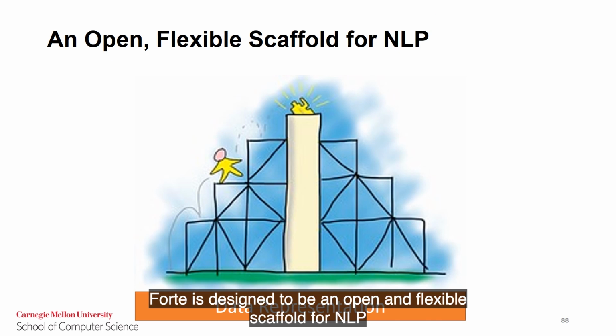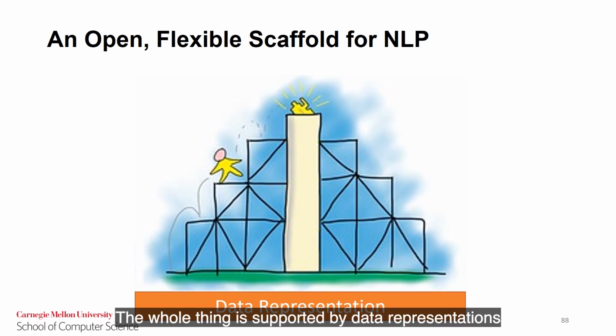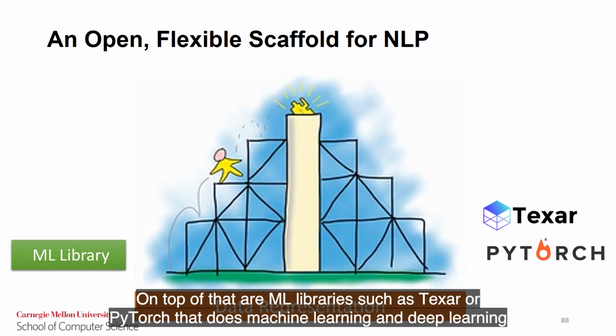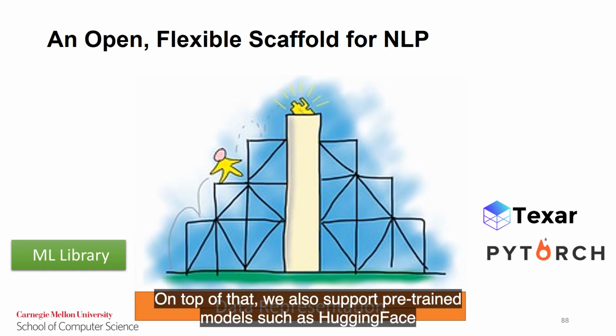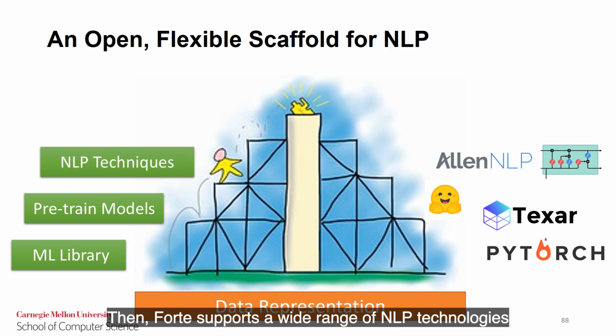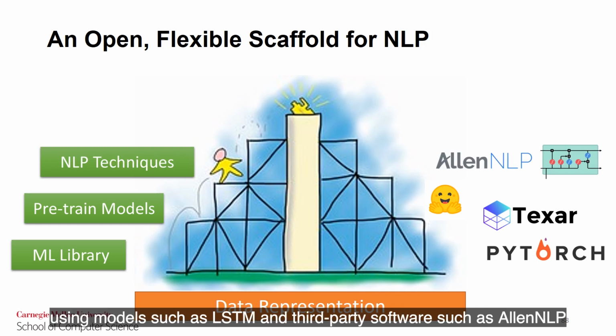The whole thing is supported by data representation. On top of that, we have ML libraries, such as TensorFlow or PyTorch, to do machine learning and deep learning. On top of that, we also support pre-trained models, such as Hugging Face. Then, Forte supports a wide range of NLP technologies, using models such as LSTM, or third-party software such as NLTK.